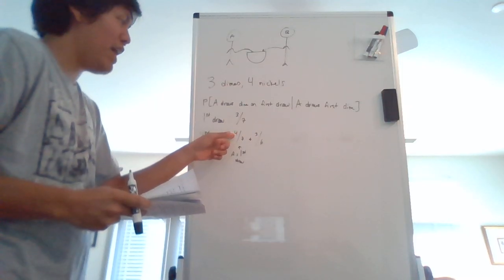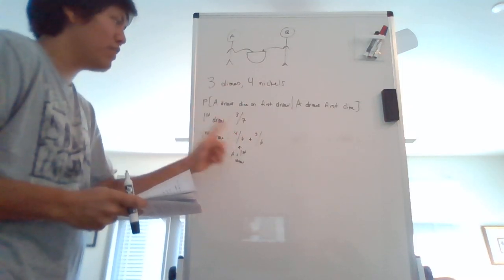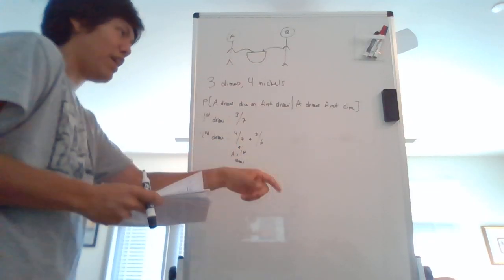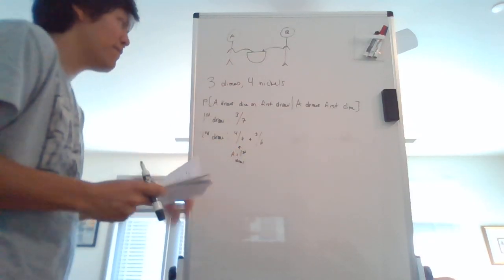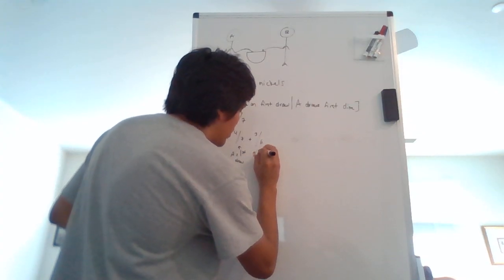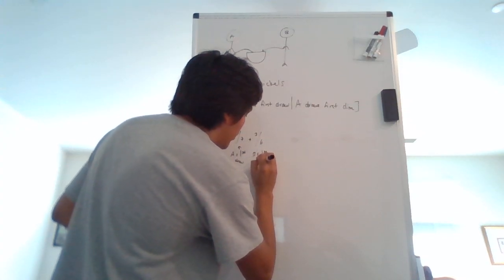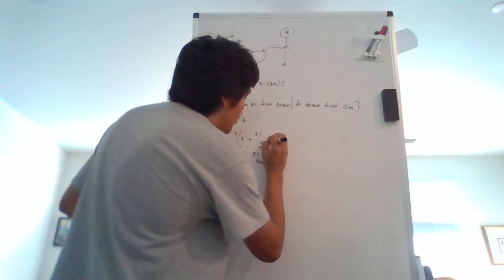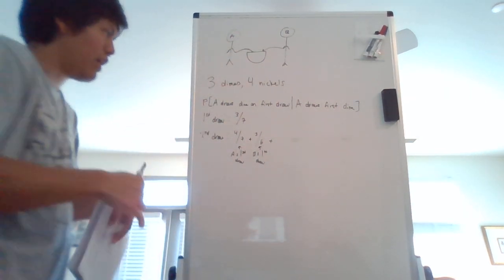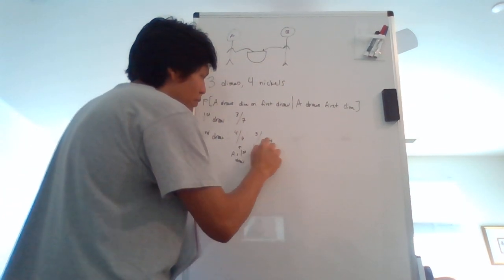It's 3 because A grabbed the first nickel, and it's 6 because A grabbed a coin and didn't replace it. They just took it out. So this is B's first draw. And then, actually, we're not adding, we're multiplying.